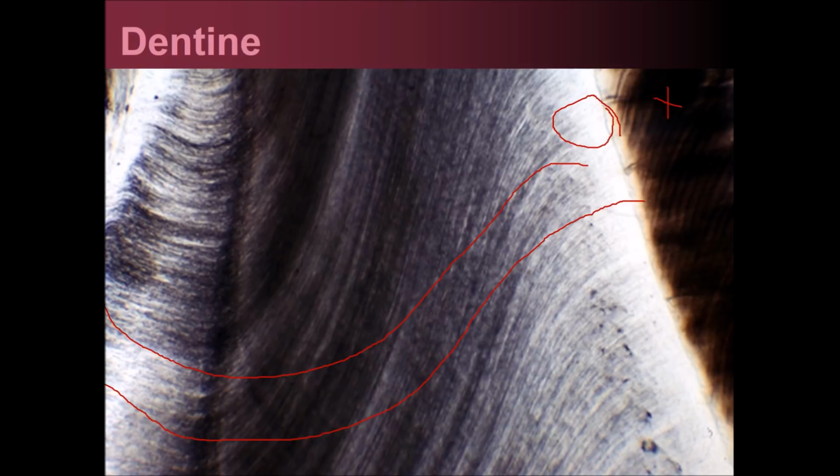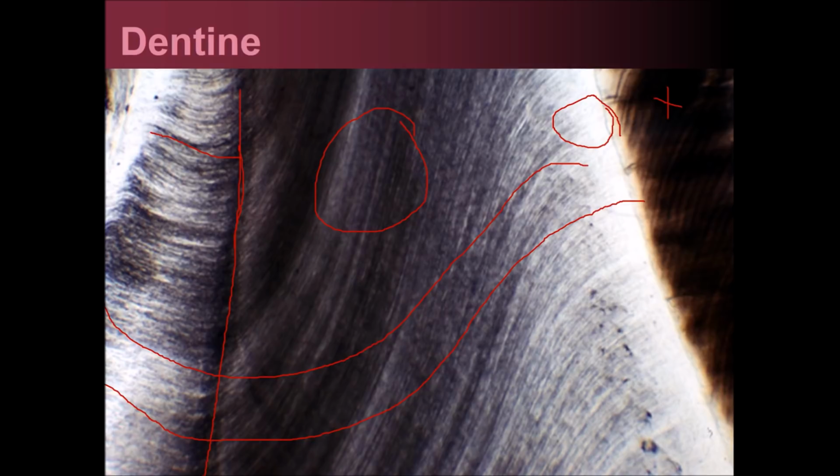In this image, we can see two types of dentin, the primary dentin and the secondary dentin. This is a line of demarcation between two areas. This area is homogeneous, broader than this area. This line demarcates the time when the root was completed.